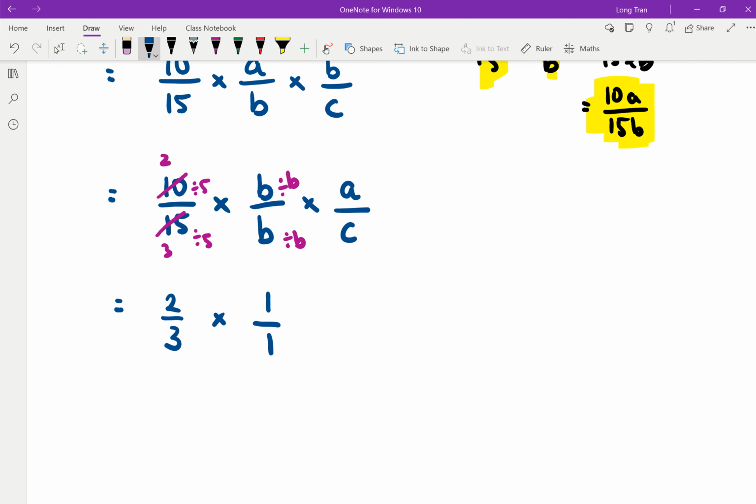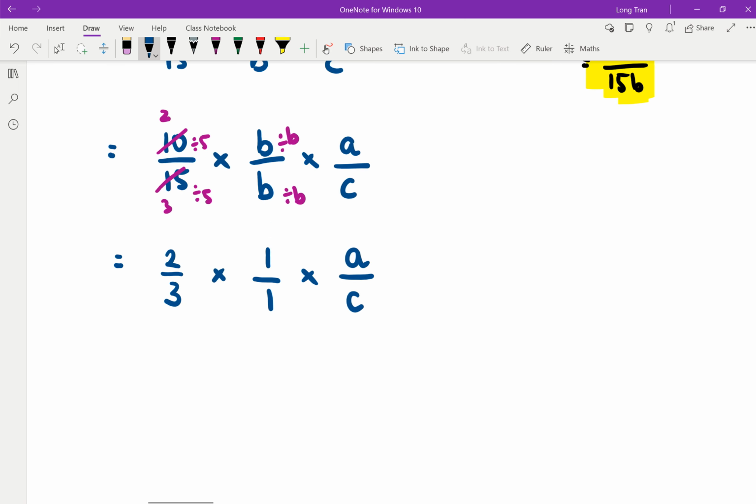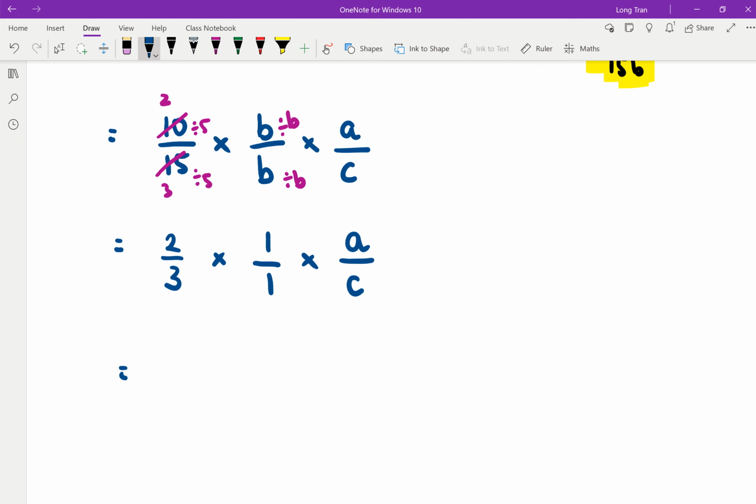And then over here, I don't know what a is and I don't know what c is, so I'm just going to leave it as it is. So here, can you see by breaking it apart, I've simplified some of the terms that I knew. And now when you multiply fractions, what do you do? It's top with top and then bottom with bottom.